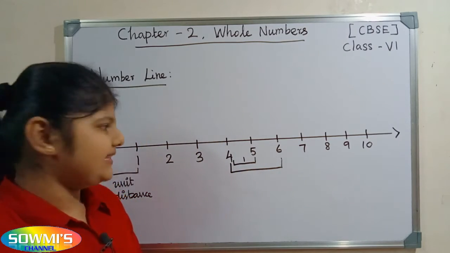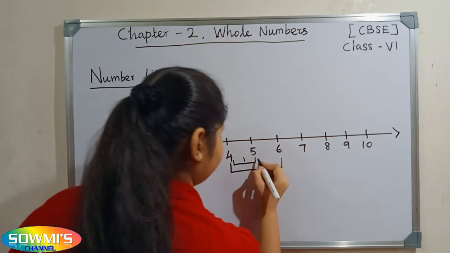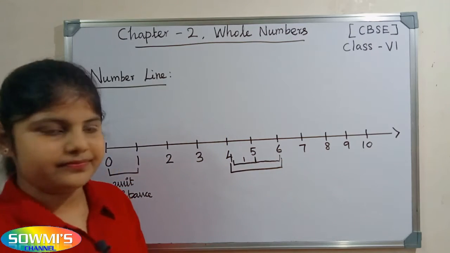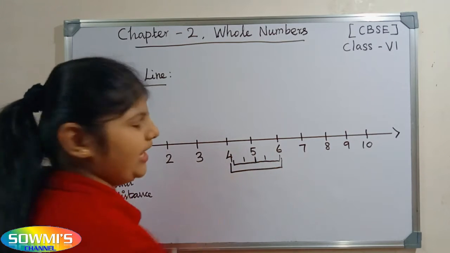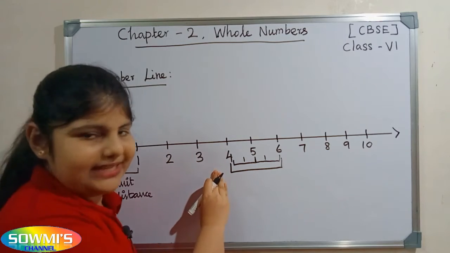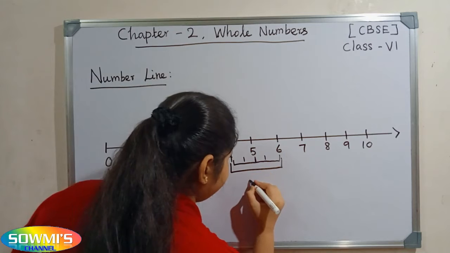The distance between the points 5 and 6 is 1 unit. So 1 unit plus 1 unit will be 2 units. So the distance between the points 4 and 6 is 2 units.